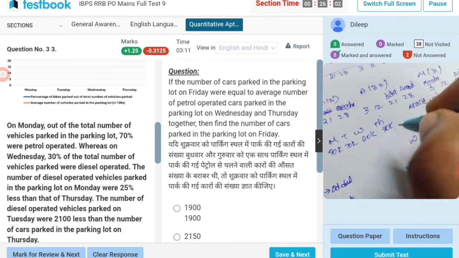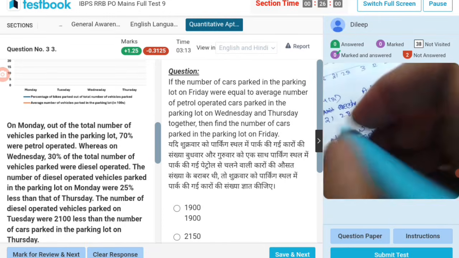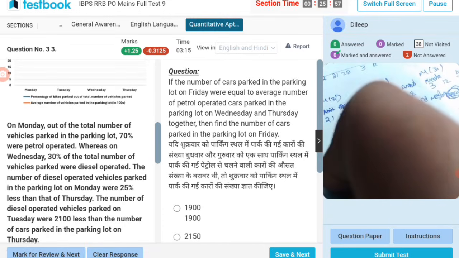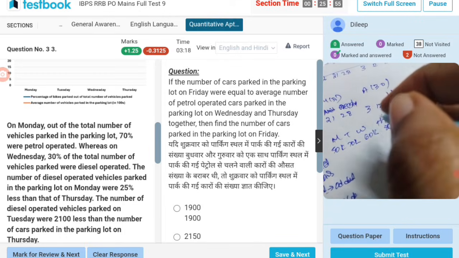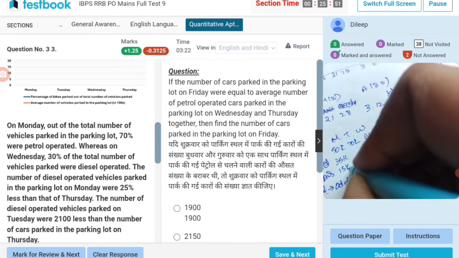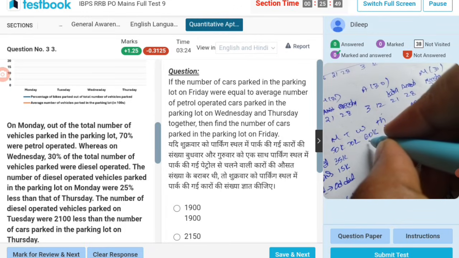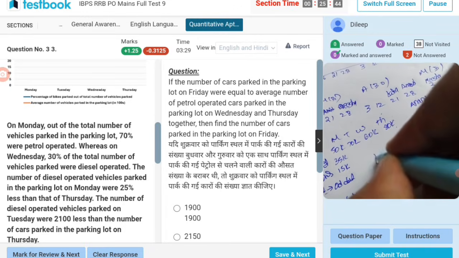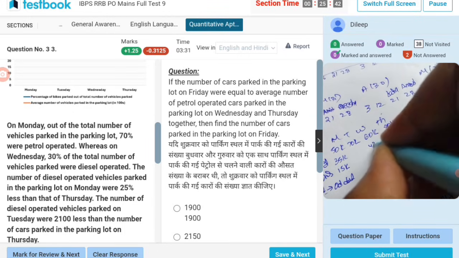So here petrol and diesel, 70% are petrol on Monday, 35k, 15k. Whereas coming to the 30% diesel, 18k, 42k.